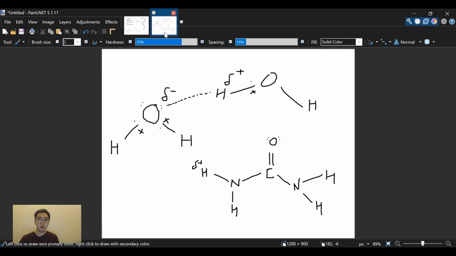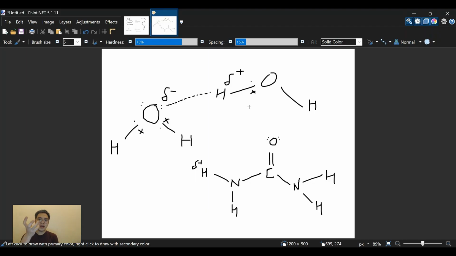Hydrogen bonds are formed when you have a delta positive hydrogen, when a hydrogen has more positive charge than negative. And this is because it's bonded to an electronegative atom. For example, oxygen. Oxygen is electronegative.